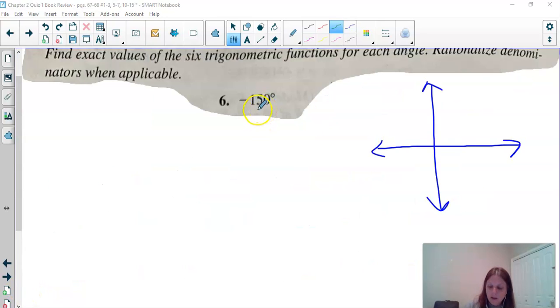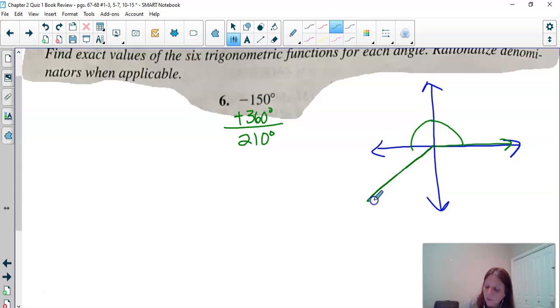Before I graph this angle, I'm going to have to find something coterminal. So I'm going to have to add 360 first. And then I'm going to graph out the remaining angle. Okay, so 90 goes up here, 180 here. So 210 would be somewhere down in this quadrant.